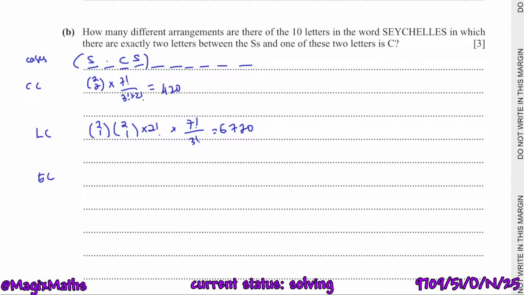Now for EC, it's 3 choose 1, which is 1, and then it's interchangeable, and it's times 7. And then we have 2 L's and 2 E's left. So that should be 15120.